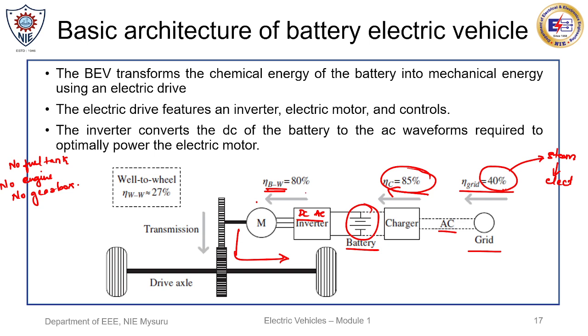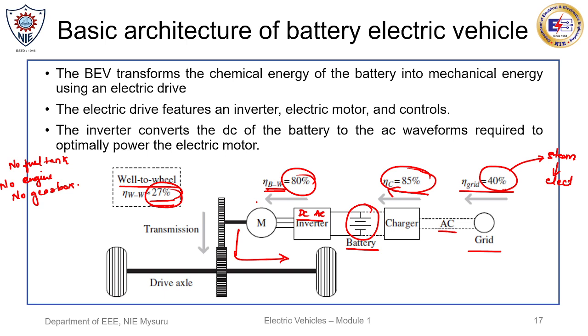So when you calculate the total well to wheel efficiency, you get around 27%. Though it is not very high, compared to IC-based vehicles, which have 17 or 20% efficiency, the 27% here is actually better.